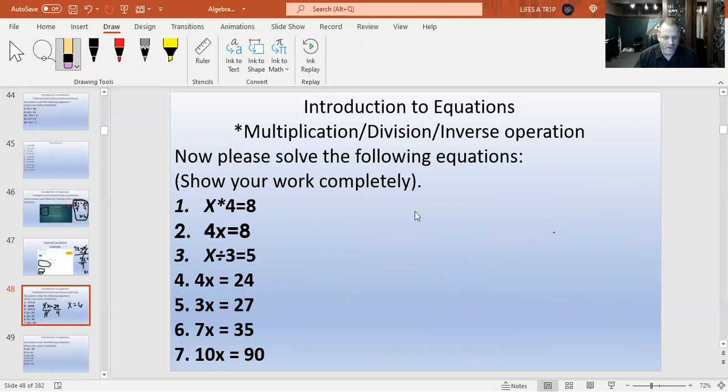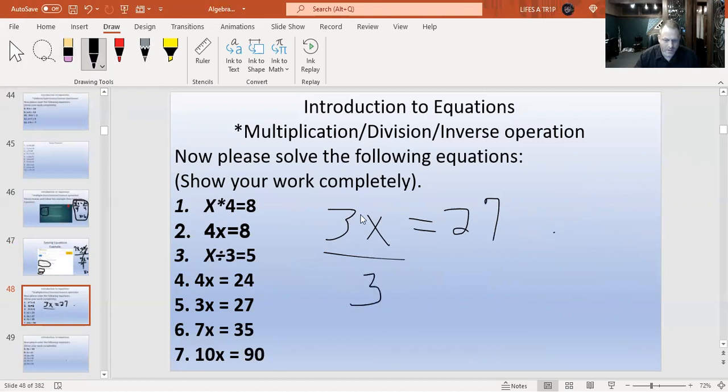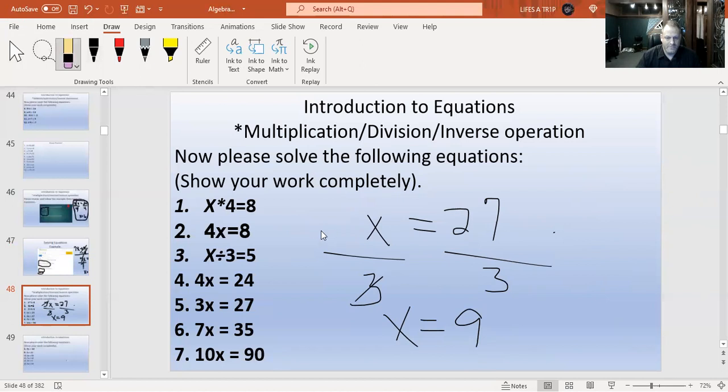Okay, but we got to move on. All right. So 3x equals 27. All right. 3, where do we get our 3 from here? Positive 3, positive 3, and positive 3. And that equals 9. All right, guys, let's move on here.